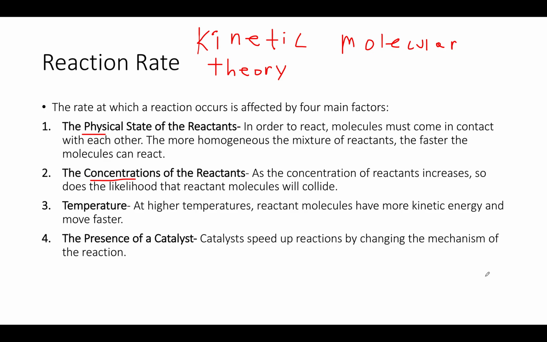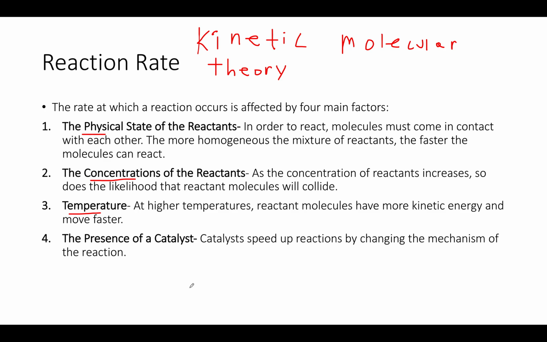It's more concentrated, so the molecules will collide more quickly. That will increase the reaction rate. Temperature is also a very important part of reaction rate. At higher temperatures, the reactant molecules are going to be colliding more and have more kinetic energy. They're going to move faster and the reaction is going to move faster.